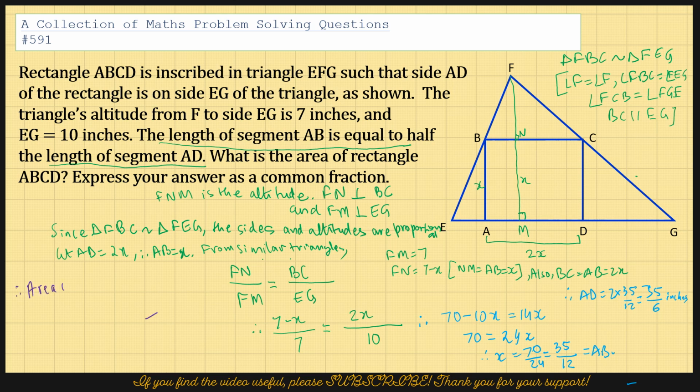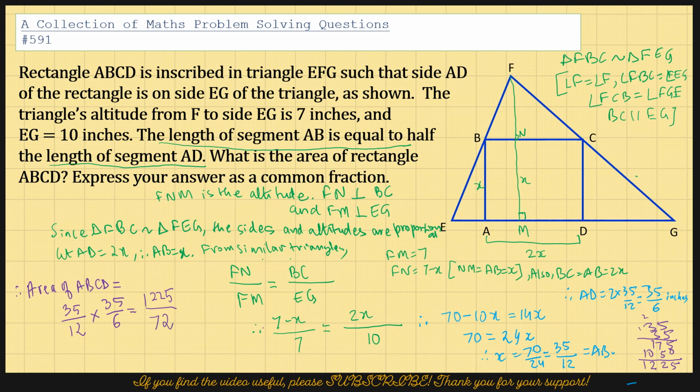Therefore area of ABCD would equal AB times AD, and that equals 35 out of 12 multiplied by 35 out of 6, and that equals, if you did 35 times 35, I would get 1225 out of 6 times 12 is 72.